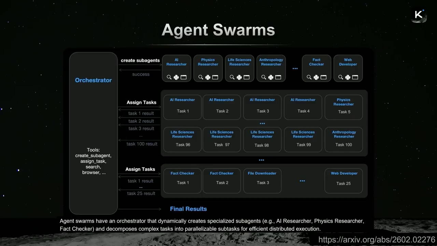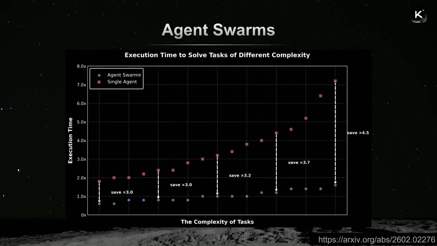Here, for example, in this case, maybe you have the AI researchers, you have the web developers, you have physics researchers, and they can study different topics. And at the end of the day, you just collect the results and spawn a group of fact checkers and web developers and file downloaders to assemble the results into a single report.